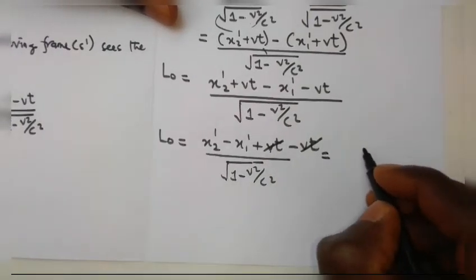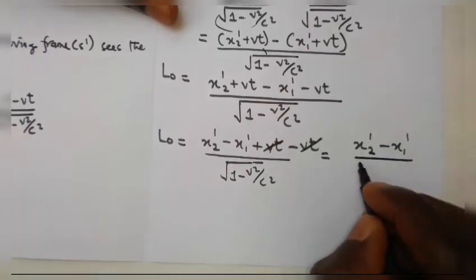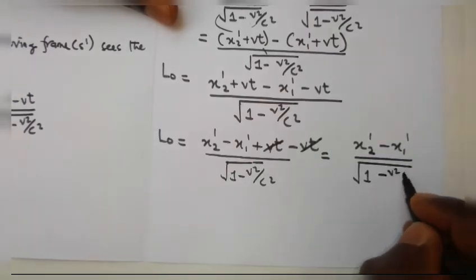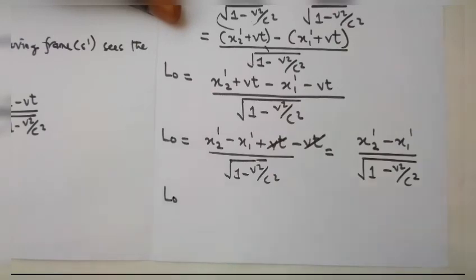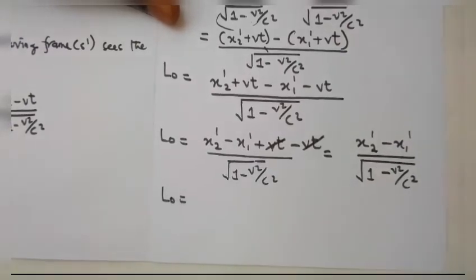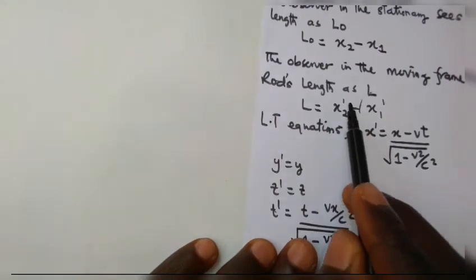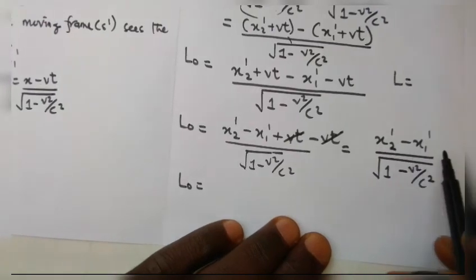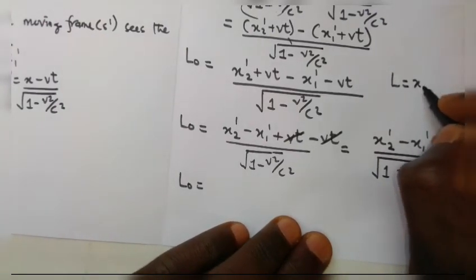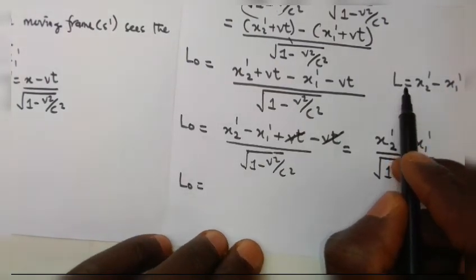Now remember, this L was equal to x2 prime minus x1 prime. We have x2 prime minus x1 prime here, and x2 prime minus x1 prime was already L, that is the length of that rod in the moving frame.